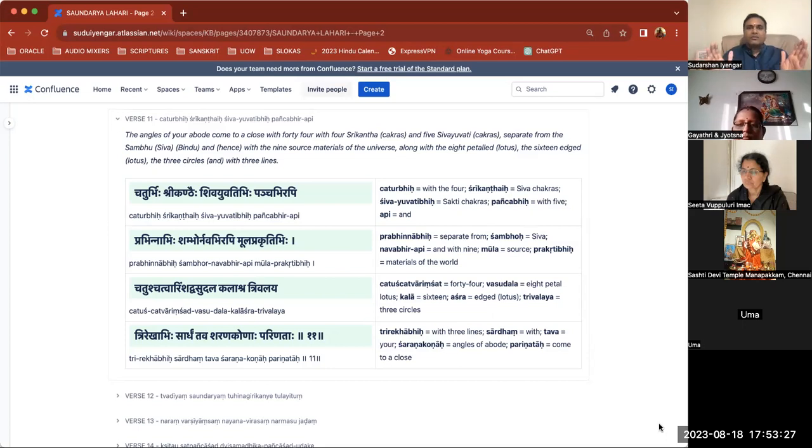Either you do any aradhana in the form of a two-dimensional structure, or you do aradhana in the 3D form, which is a Mahameru. It's the same idea, that it creates an energy field around it.